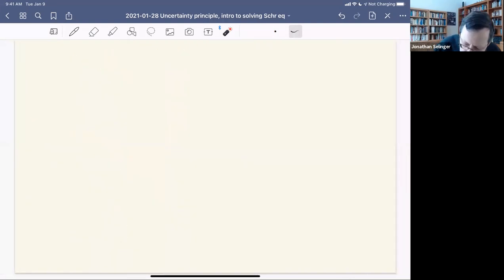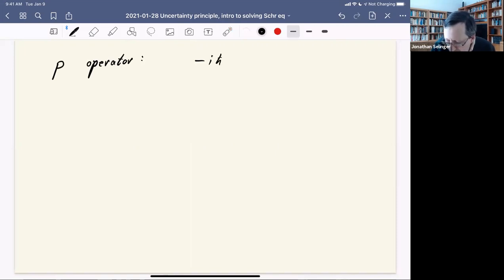Okay, so you remember that the momentum operator that we stick into the integral sandwich to get the average momentum is minus i h bar d by dx.